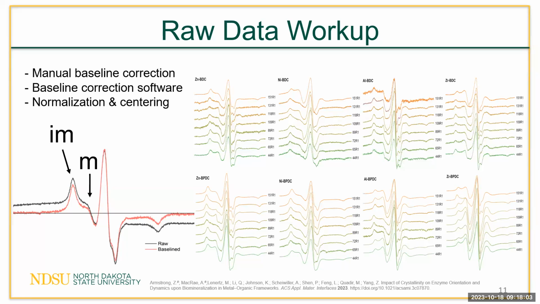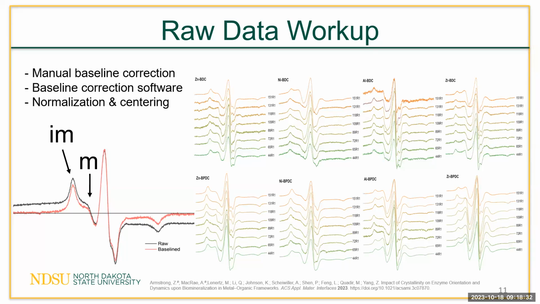I also had to baseline these spectra because if you see on the left here, the black spectra is not quite zeroed. There's quite a bit of deviation from the 0 mark on both sides of the spectrum. So I started off with manual baseline correction in Excel, and this got us pretty close to being a baseline that's zeroed before I would then put it into a baseline correction software and narrow it in even further with that.